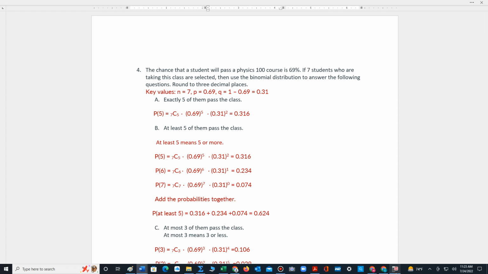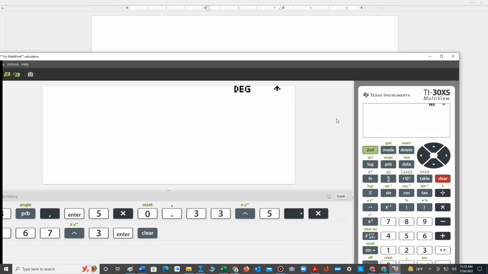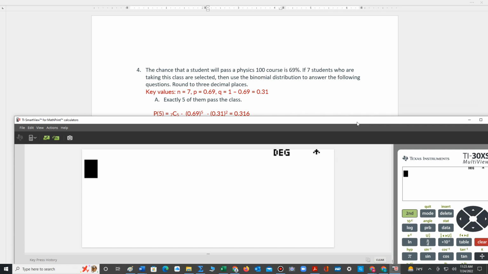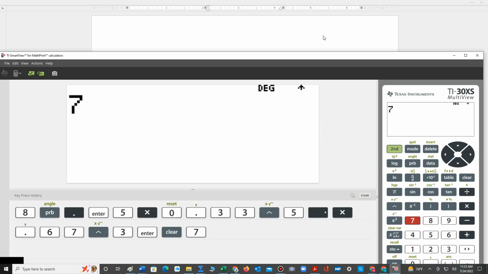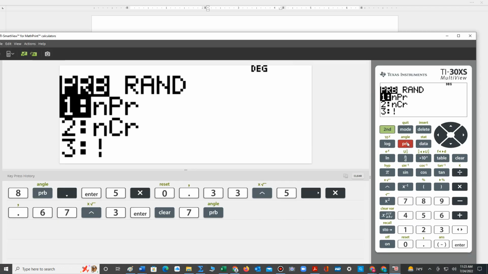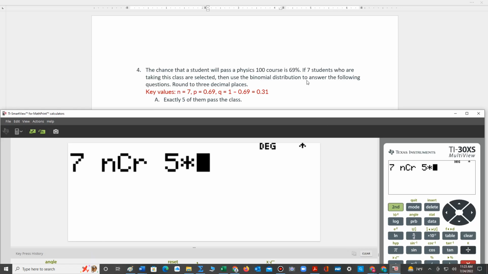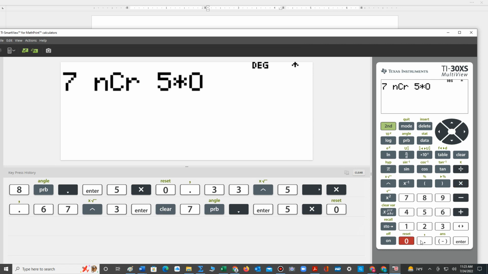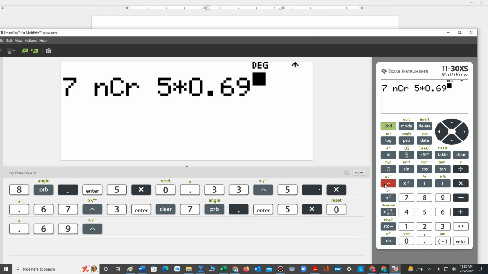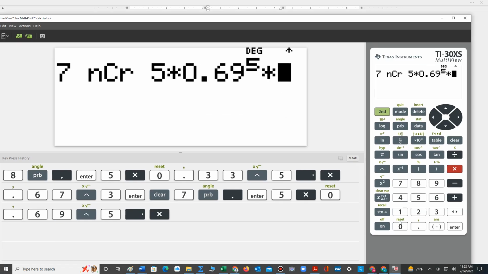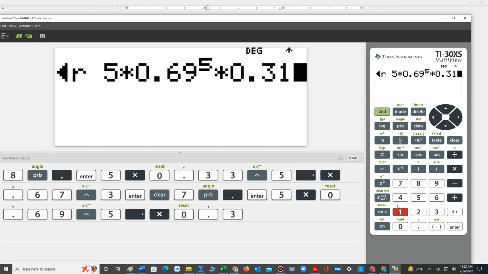Let's go ahead and calculate this using a calculator. So we have 7, PRB, I'm going to find my combination function, choose 5, times 0.69 to the 5th, times 0.31 squared.